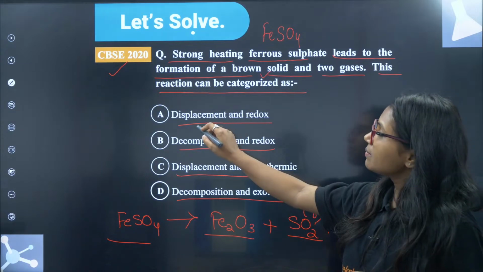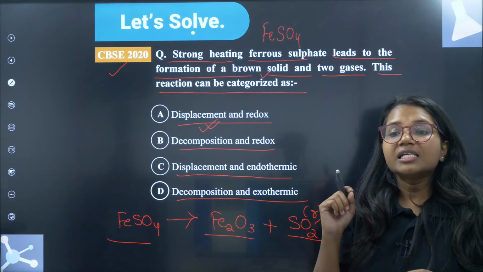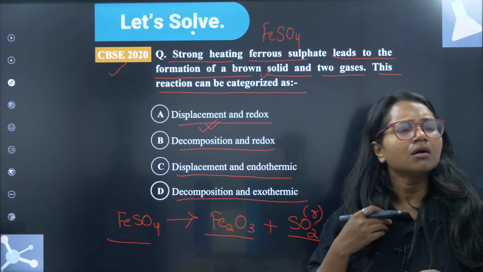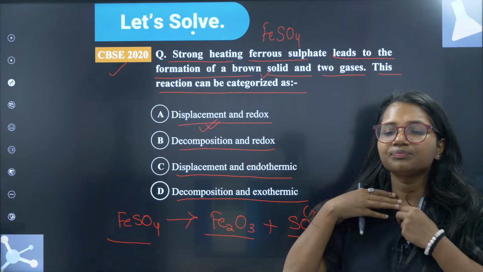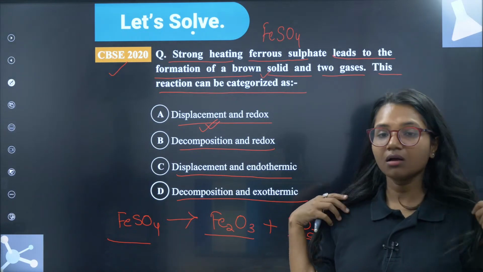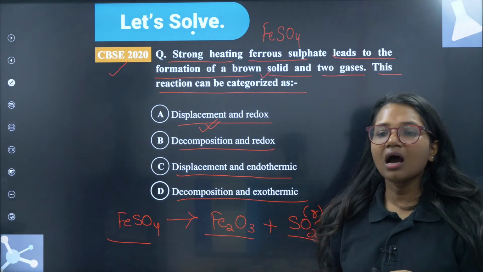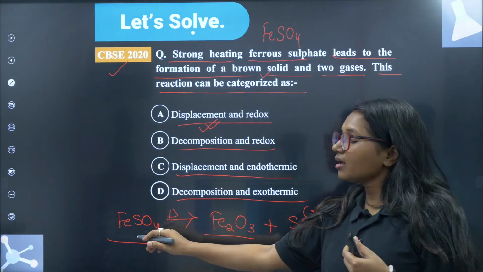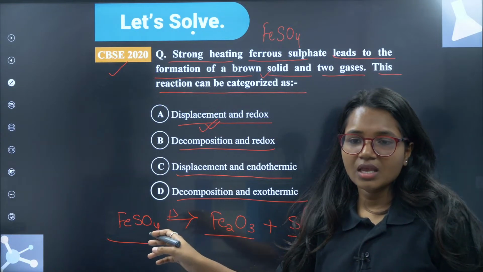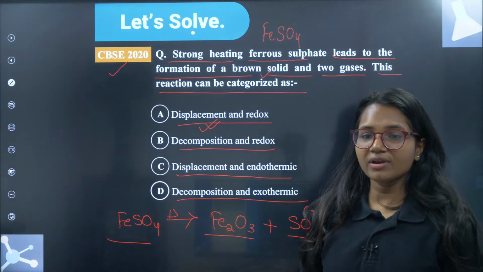Can you tell me what is the meaning of displacement reaction? So can you look at this reaction here? It is which kind of reaction? Can you tell me guys, which kind of reaction is it here?